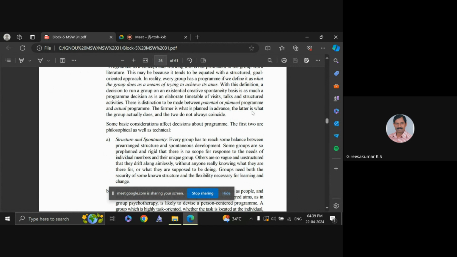Some basic considerations affect the decisions about programs. One is structure and spontaneity. So there may be a prearranged structure and spontaneous development. There should be a balance between these two, otherwise it won't succeed.